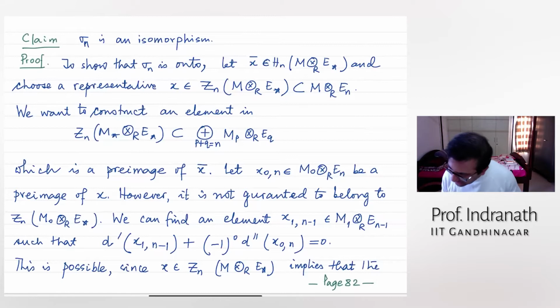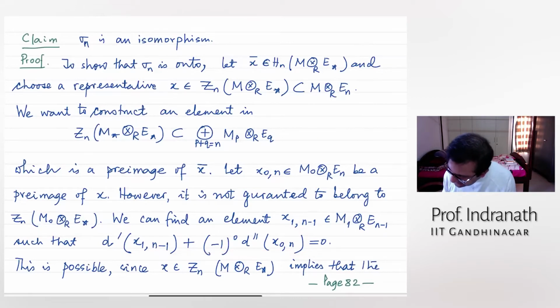So what you do is you choose an element, you choose a pre-image, but it is not guaranteed to belong to Z of M0 E star, because you do not know whether x belongs to Zn of M0 E star. You know that it is in M E star. Then every time you find an element here such that this is true, because of the kernel condition, because it is a cycle.